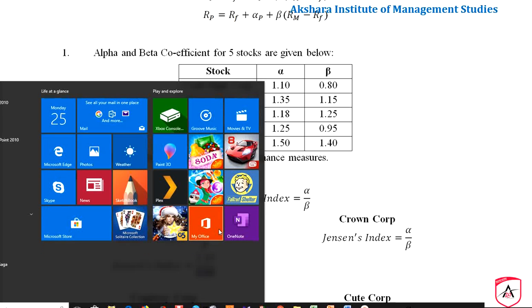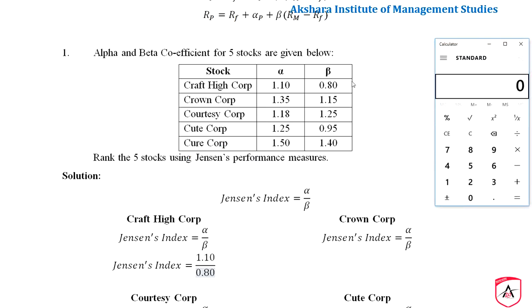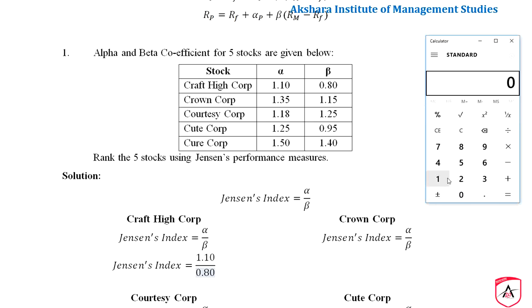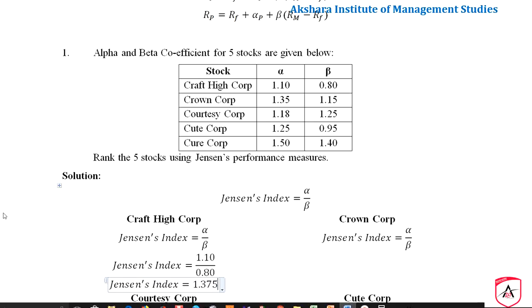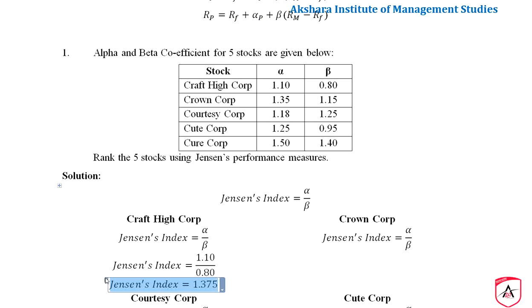For further calculations we shall use the calculator. 1.10 divided by 0.80, so it is 1.375. This is the Jensen's index for Kraft High Corp.